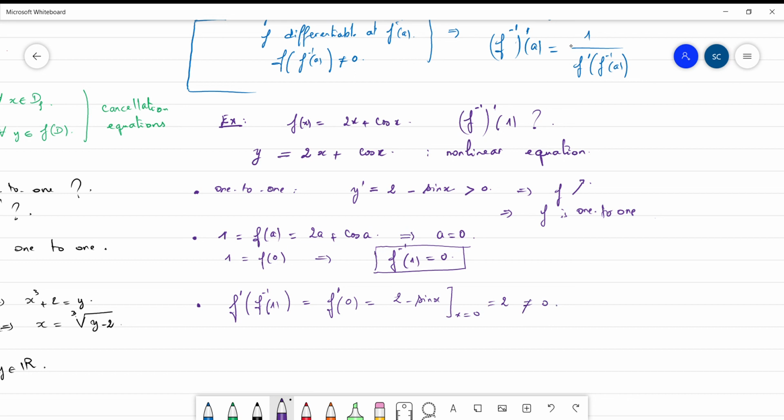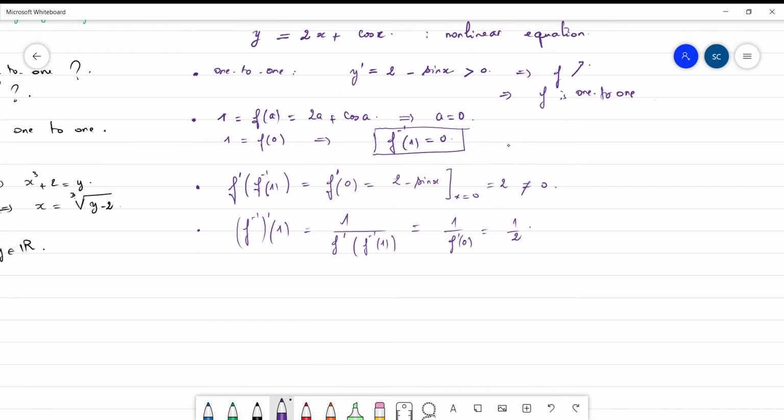Good. Finally, f minus 1 prime at 1 is 1 over f prime at f minus 1 at 1, which is 1 over f prime at 0, which is 1 over 2. And here it is, we answered the question.